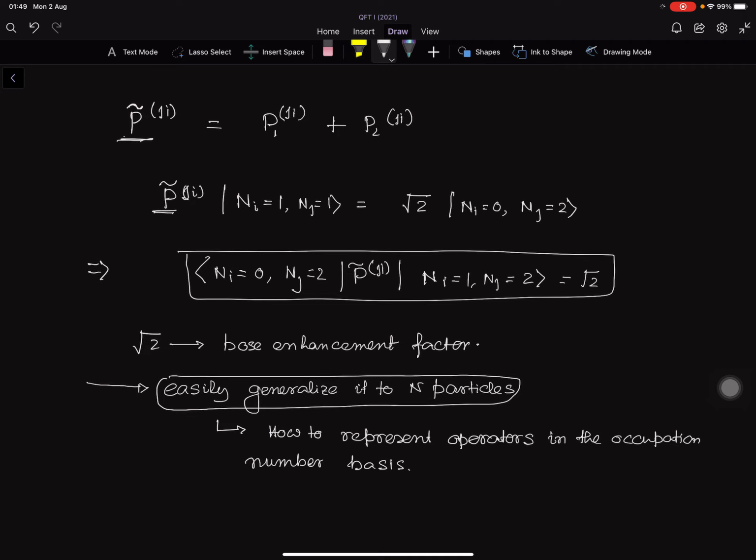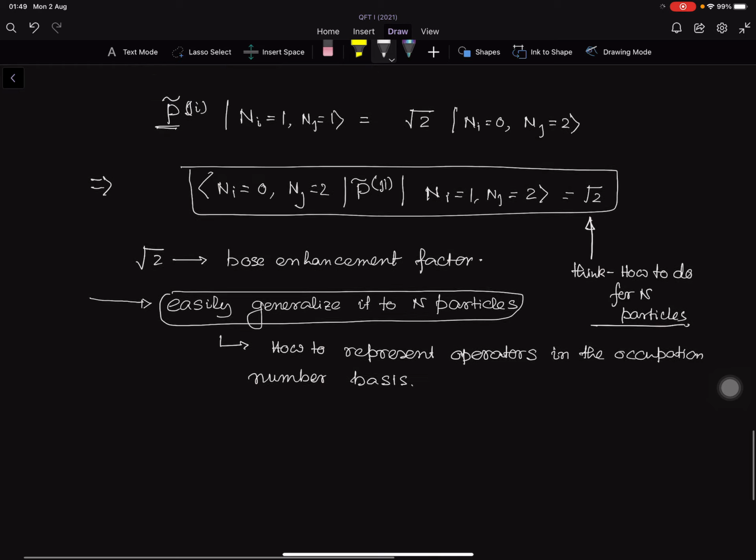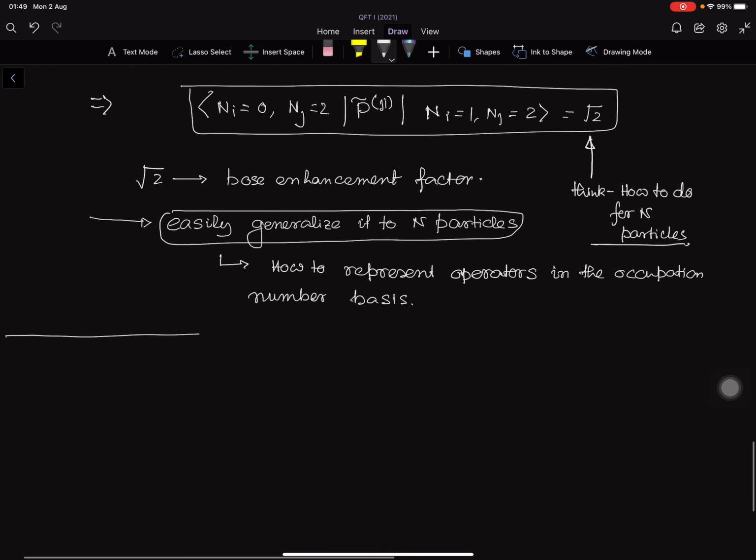I also encourage you to think about this problem: how, rather than doing this computation, can you generalize it? Okay, we will do that in the next lecture, but we also end with one interesting thought.